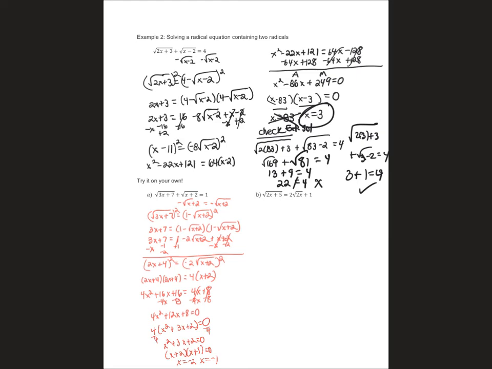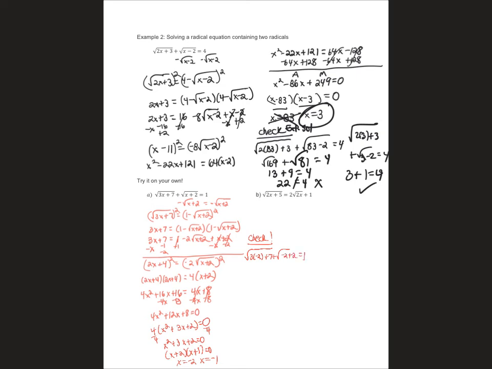Again, since there are square roots in the original problem, that's an even index, which means that there's potential for extraneous solutions. So let's go ahead and check our answers. Again, I'll start with negative 2, so I'm going to plug that into the original. 3 times negative 2 plus 7 plus the square root of negative 2 plus 2 has to equal 1.